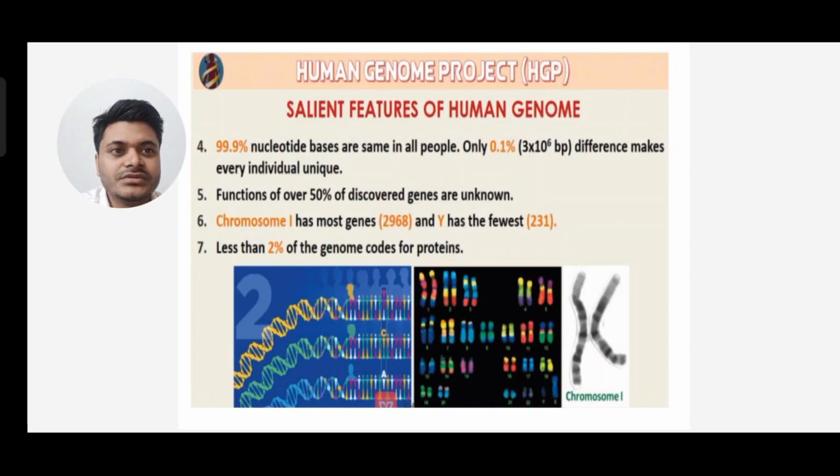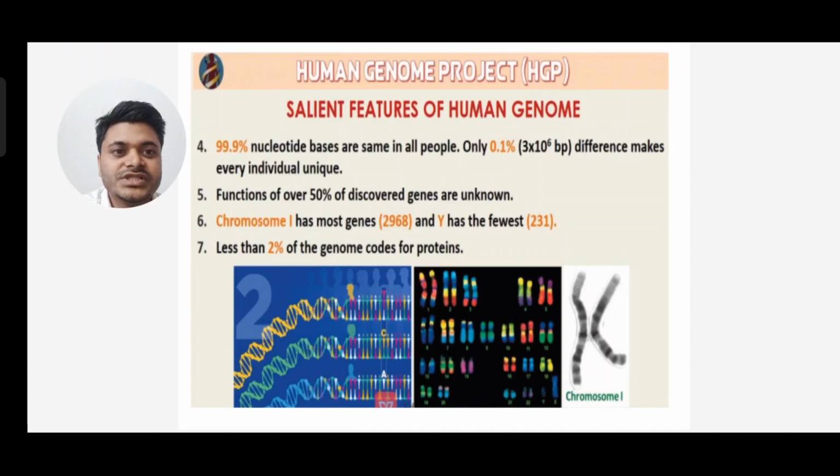The functions of over 50% of discovered genes are unknown. Chromosome 1 has the most genes, 2968, and Y has the fewest genes, 231.